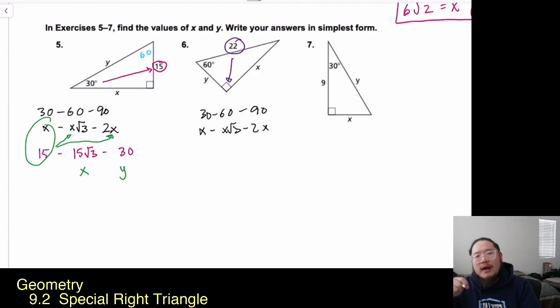Remember, hypotenuse is equal to x times 2, or short leg times 2. So I'm going to take 22, set that equal and figure out what x is, the short leg. So right here, divide both sides by 2, and x is equal to 11.